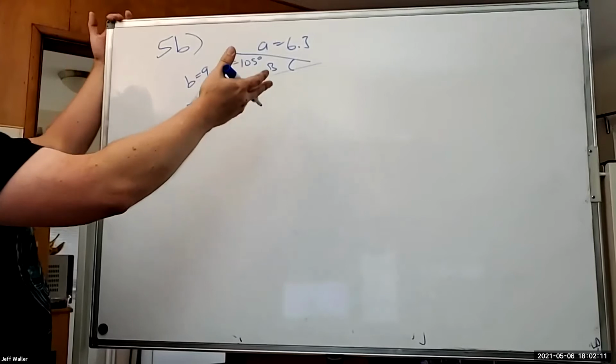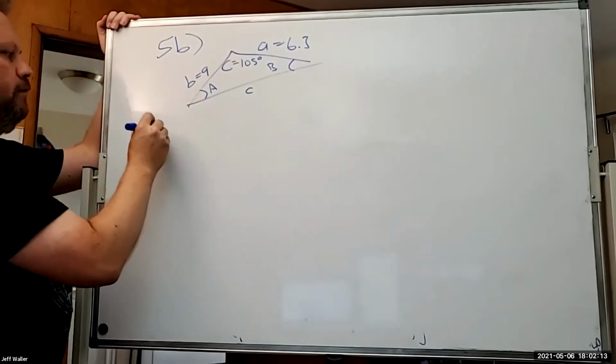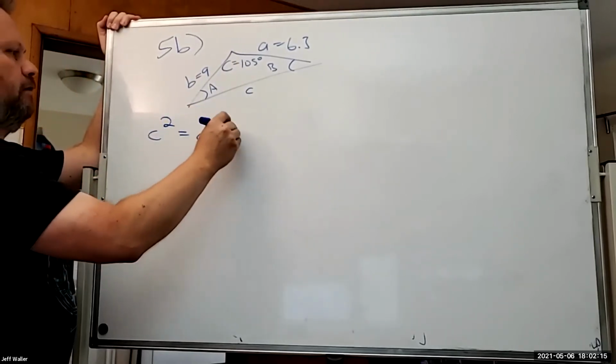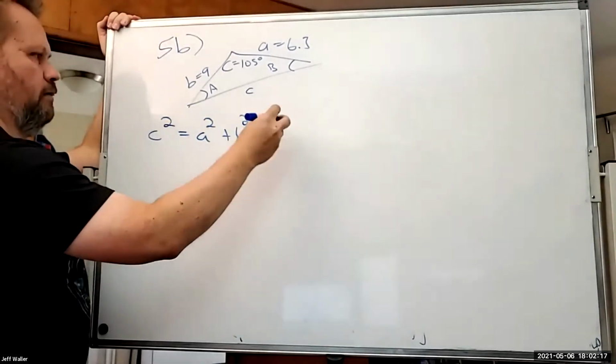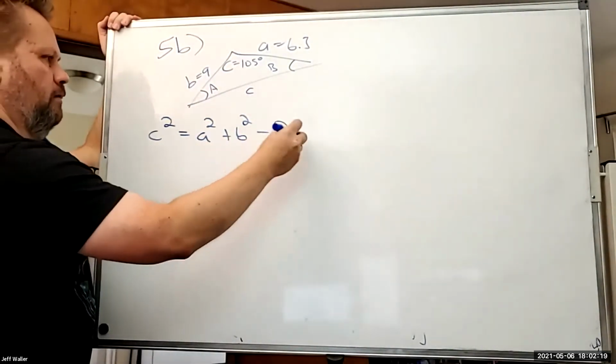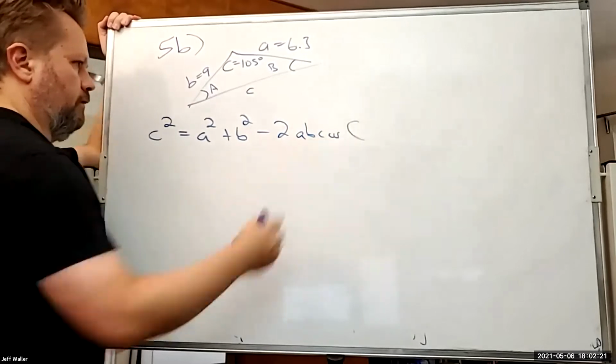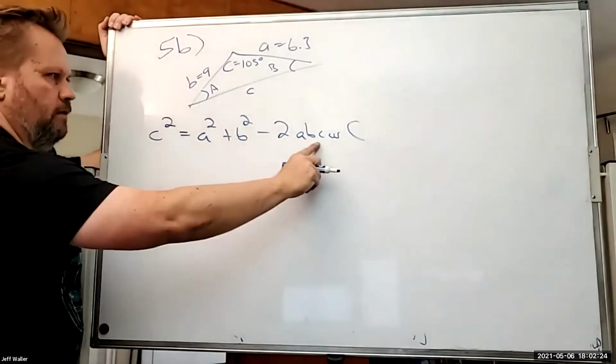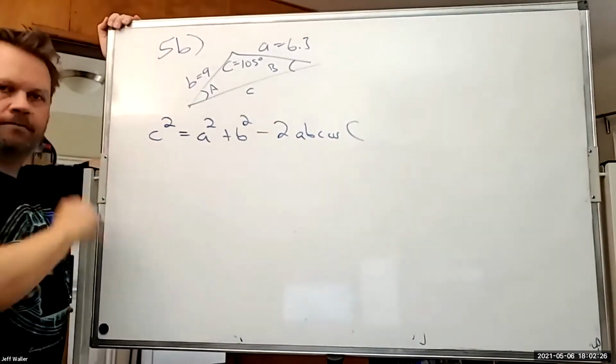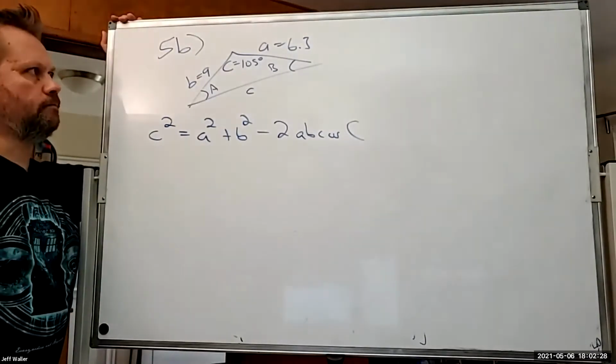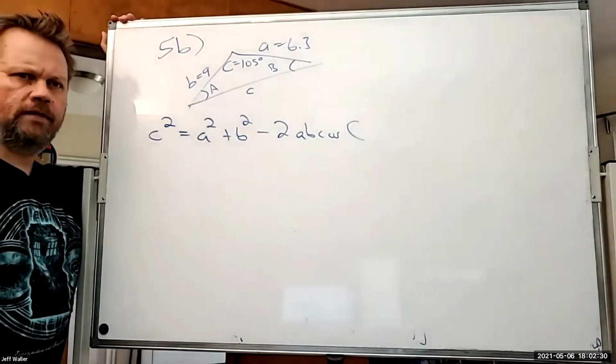So what does law of cosines look like? Well, it looks like the Pythagorean theorem with 2AB cosine C. So it's this times this times the cosine of this angle.